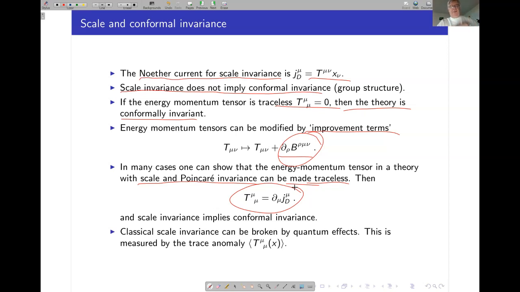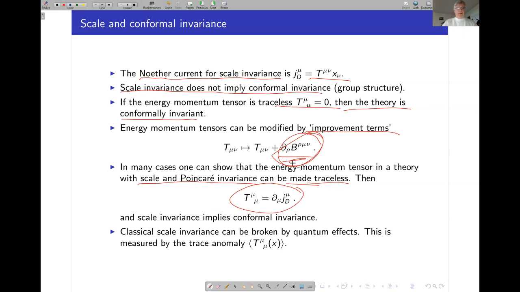So the conditions for having conformal invariance and the condition for having just scale invariance coincide with each other. But well, I'm not an expert in this field, but apparently the difficulties are in that one has to discuss the energy momentum tensor up to improvement terms.